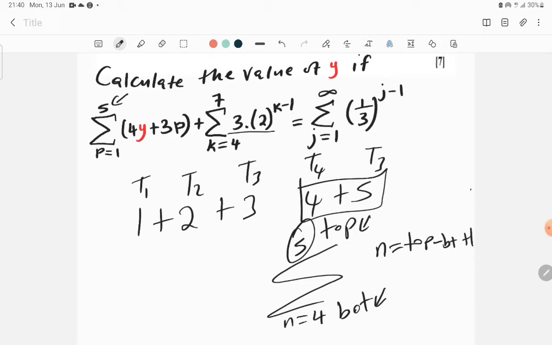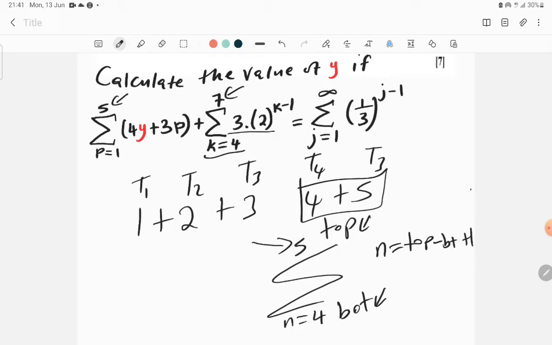So you will always get the number of terms in that particular pattern, because this 5 is not necessarily the number of terms. This is where most people make mistakes. They usually consider this 7 as the number of terms, which is not right. It depends on what the starting value is, what the starting position is.